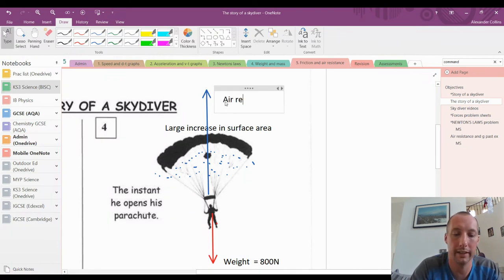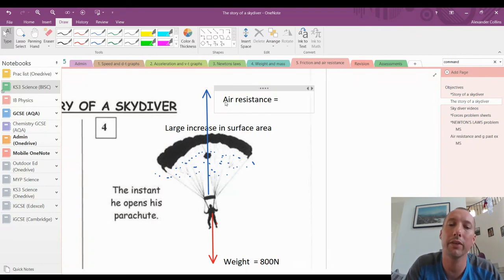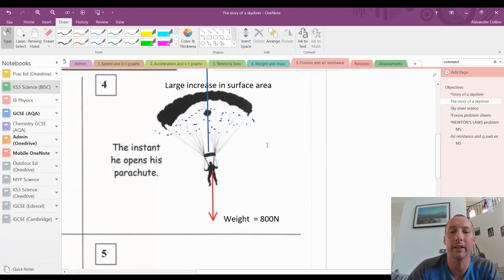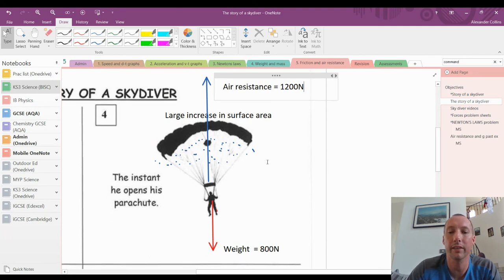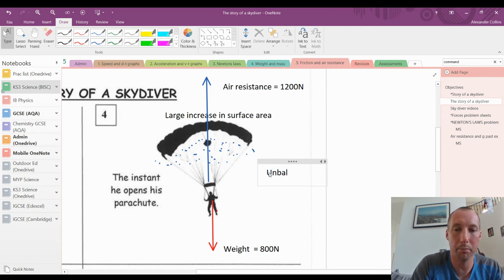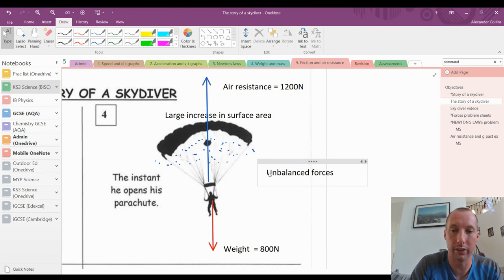So here we go, here's my air resistance. It's really big because we were going quite fast already, and now we've increased our surface area. I'm going to say that we've increased our air resistance, and I'm making up the number again, to something really big, like 1,200, compared to the weight of 800. So again, we've got unbalanced forces, and we can work out the resultant force.